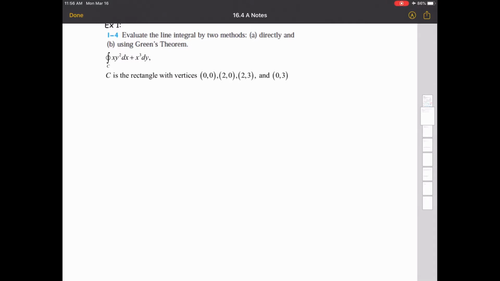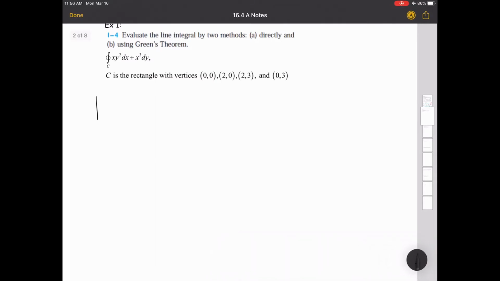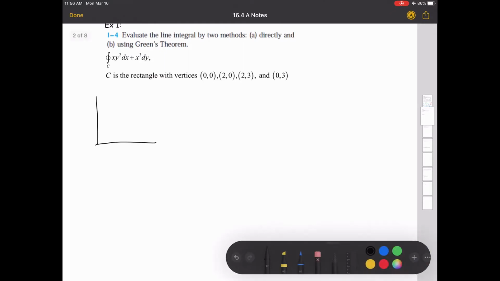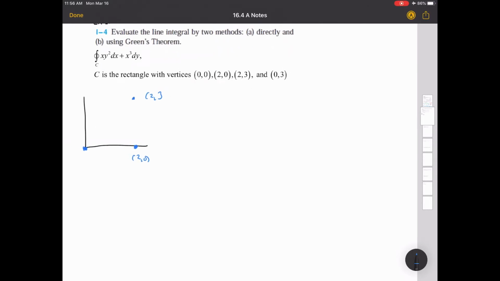So first of all, our region C has the vertices 0, 0, 2, 0, 2, 3, and 0, 3.